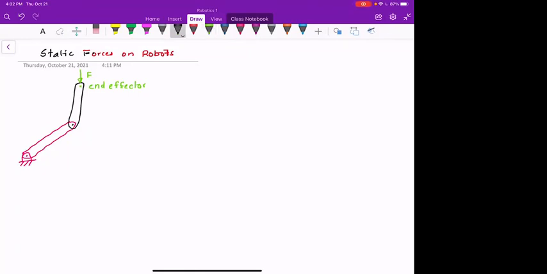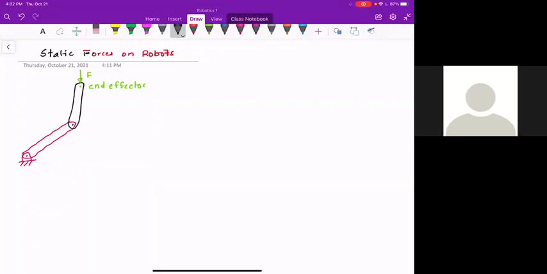Now, the only way this force can be compensated is by adding torques at the motors. So what I mean by that is if you have a motor here that is going to supply torque tau 1, there is going to be a motor here that is going to supply torque tau 2.